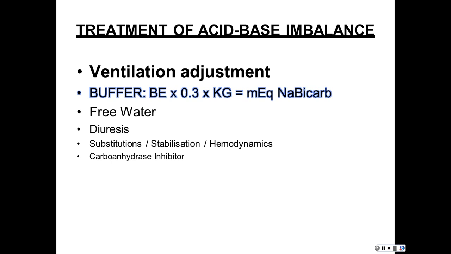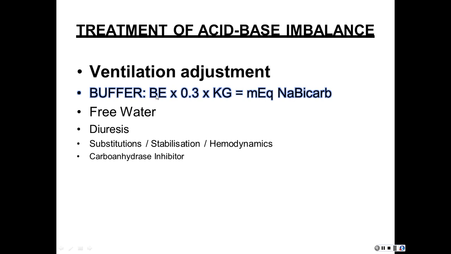But once you have perfusion and you have respiration, adding bicarb does help buffer the situation, and the amount of bicarb to give can be calculated. It's basically 30% of the body weight in milliequivalents times the base excess.